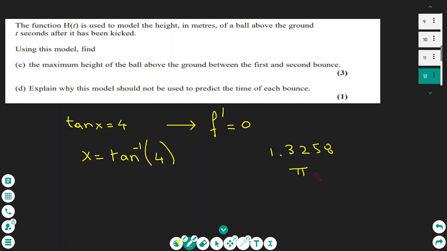Another solution for the maximum value will be pi plus 1.3258.